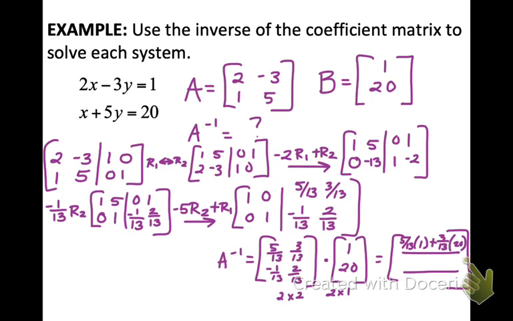So 65 divided by 13 is, oh, look at that. It's a 5. That's nice. Do the same thing with the second row. So negative 1/13 times 1 plus 2/13 times 20. So 40/13 minus 1/13 is 39/13, which is 3. So my solution is 5, 3.